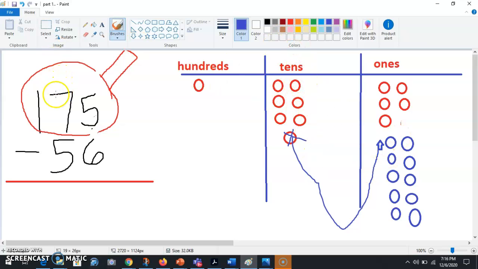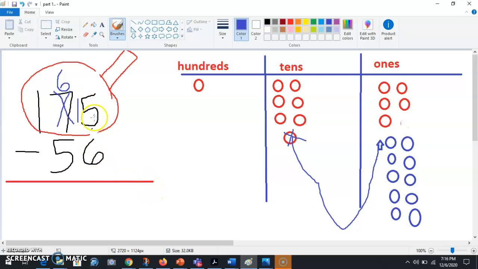So that means we're gonna cross out 7 tens, and now we have 6 tens, boys and girls. Okay, 5 ones. I don't have 5 ones anymore. Let's count the ones. 1, 2, 3, 4, 5, 6, 7, 8, 9, 10, 11, 12, 13, 14, 15. So that 5, boys and girls, is now gonna be a 15.